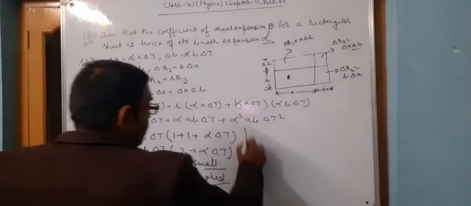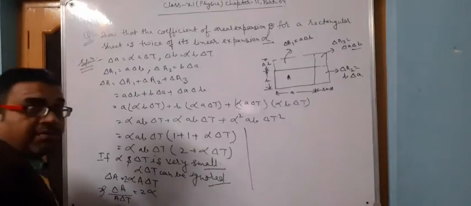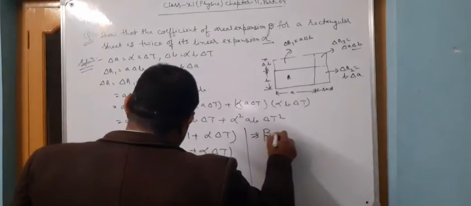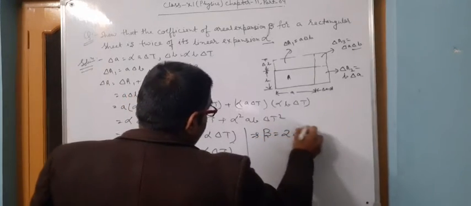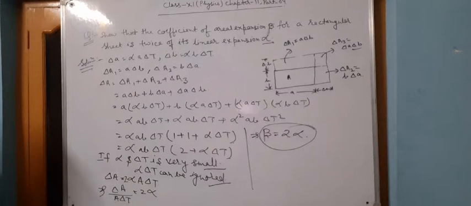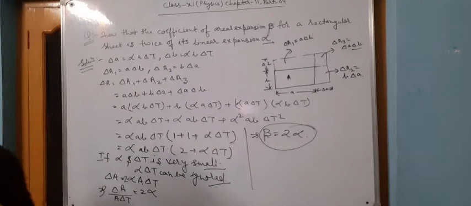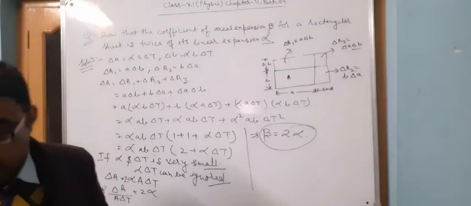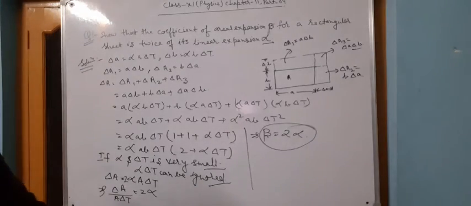And you know that delta A upon A delta T is beta, and beta is equal to twice alpha. So the coefficient of superficial expansion is twice the coefficient of linear expansion. Now we will look at the anomalous behavior of water.